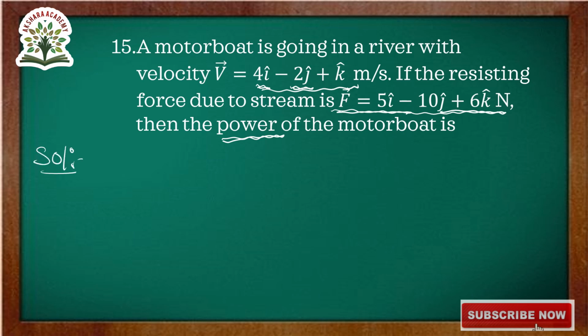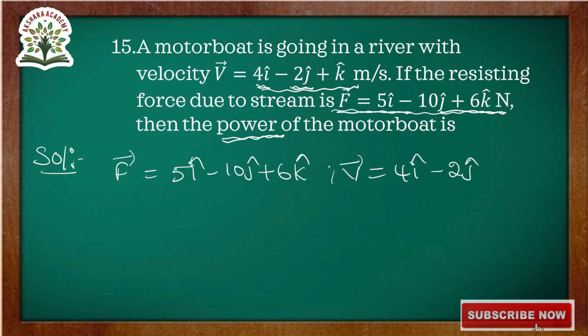Given F bar equals 5 i cap minus 10 j cap plus 6 k cap and v bar equals 4 i cap minus 2 j cap plus k cap.